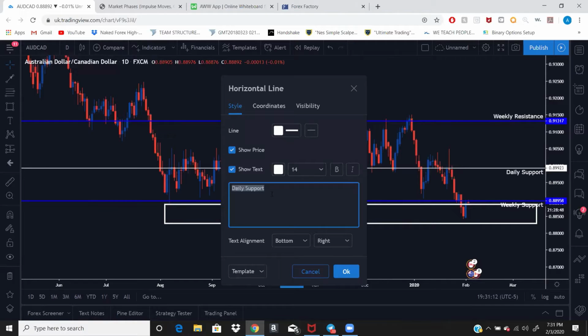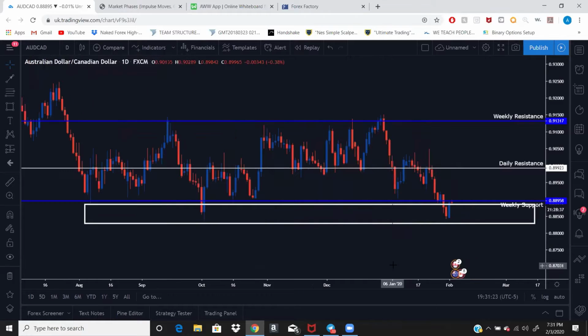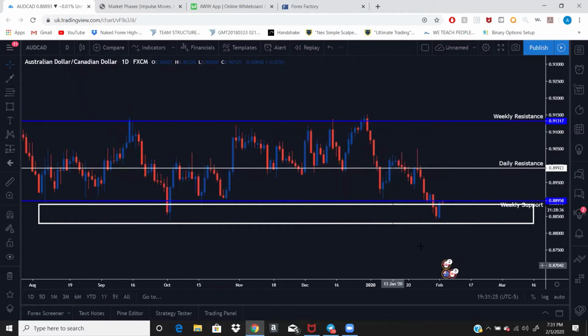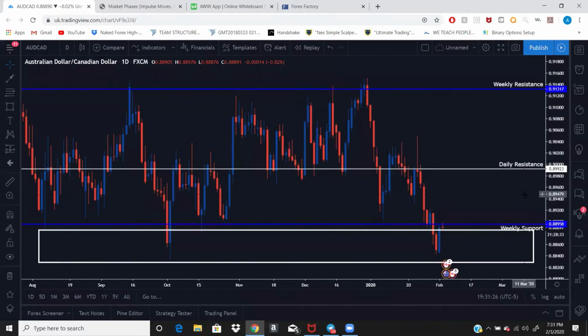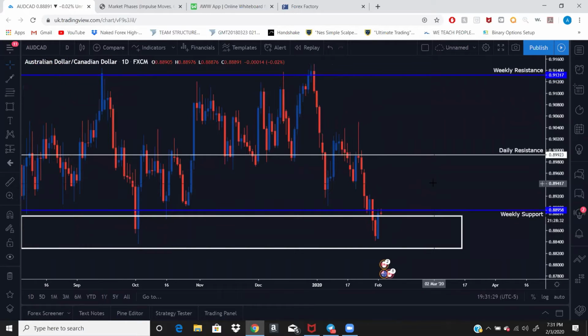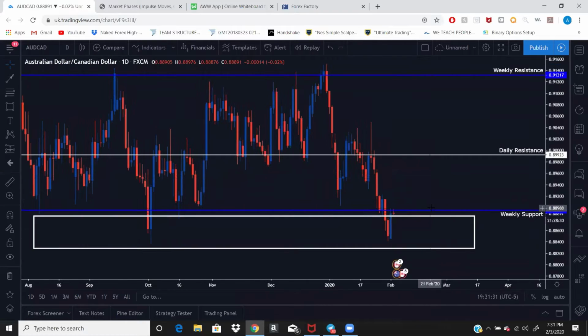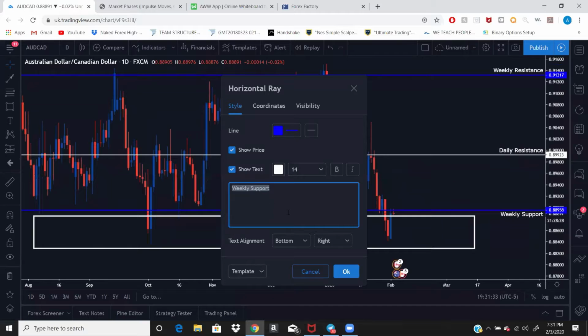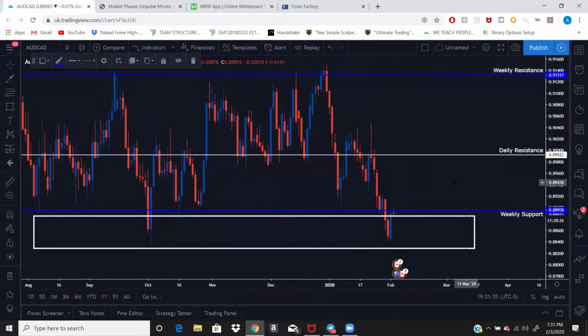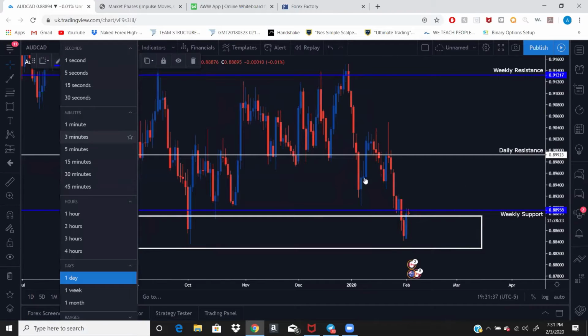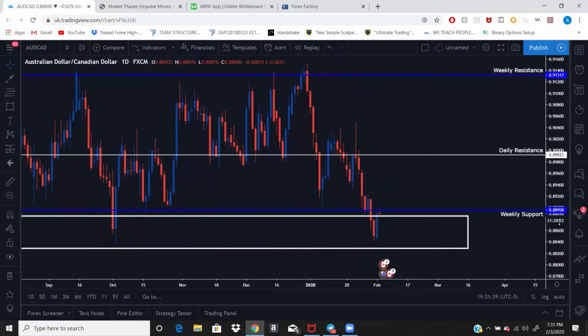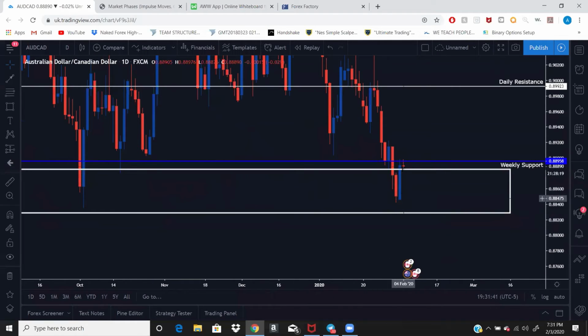So this is now daily resistance. Yeah, I mean, this is also a good. I'm still gonna keep this weekly support 100% just because look at this daily, which is previous days.